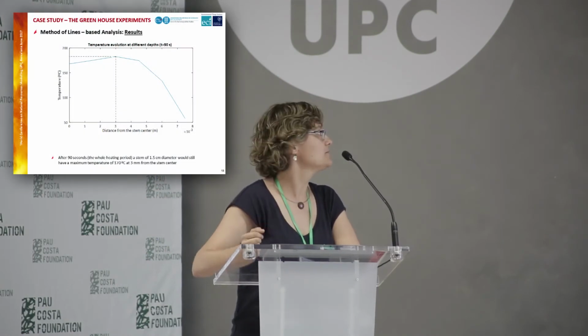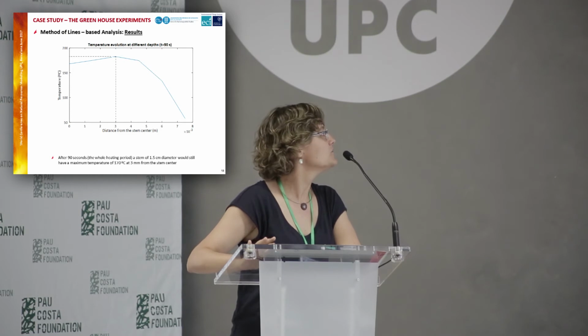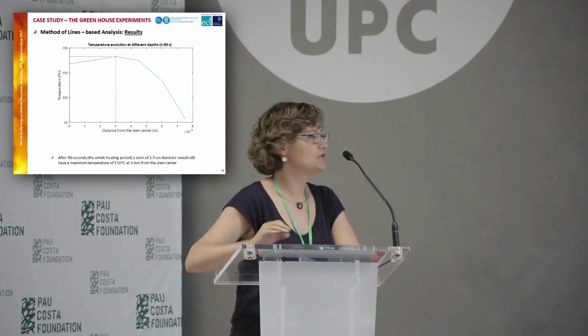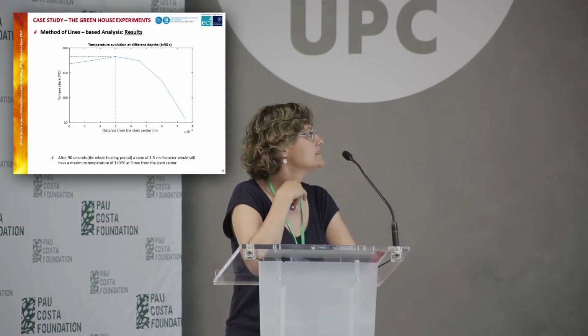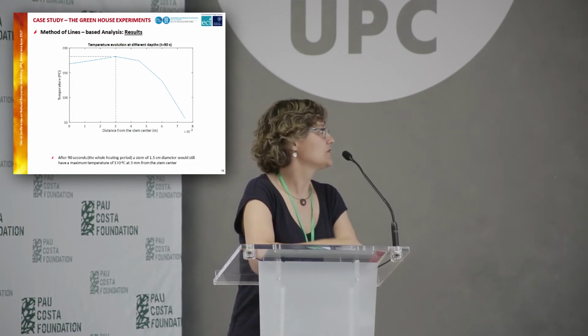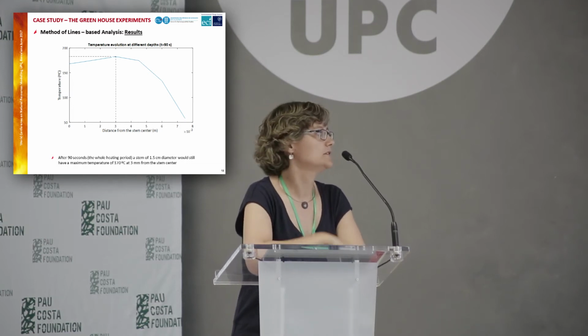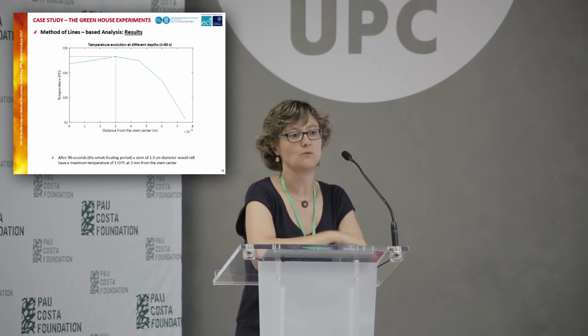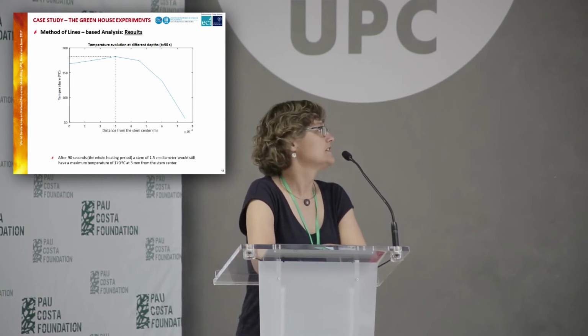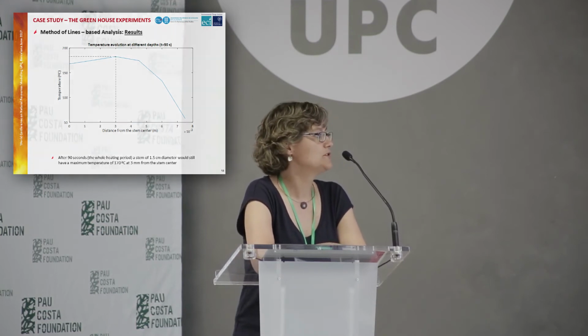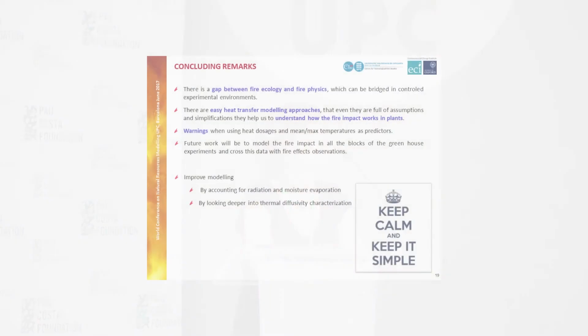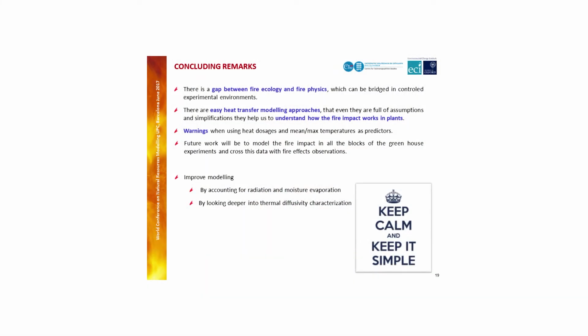We have calculated the maximum temperature, which is around 525 degrees, and the ambient temperature for this experimental block was around 17 degrees. And regarding biotic variables, we have initially considered a typical stem that we had, for instance, a stem with a diameter of 1.5 centimeters, and then we have considered a typical constant value of thermal diffusivity for wood.